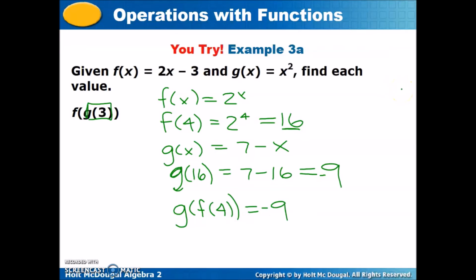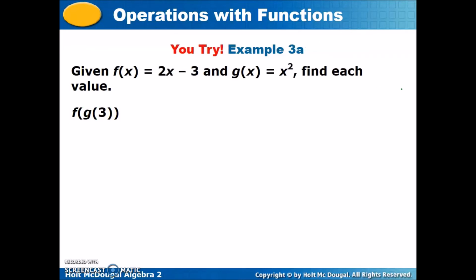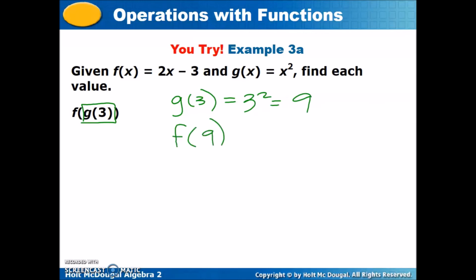Next question. This one is your try. I would like you to do these and then come back to me. On this one, again, inside to out. So we're going to say g of 3 is equal to 3 squared, right? Now track it with me here. 3 squared is 9. Then we're going to do f of 9, again taking that and putting it in there.